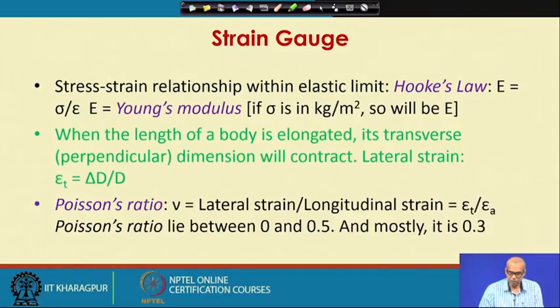Poisson's ratio is defined as lateral strain divided by longitudinal strain. Commonly, Poisson's ratio lies between 0 and 0.5, and most of the time it is 0.3.